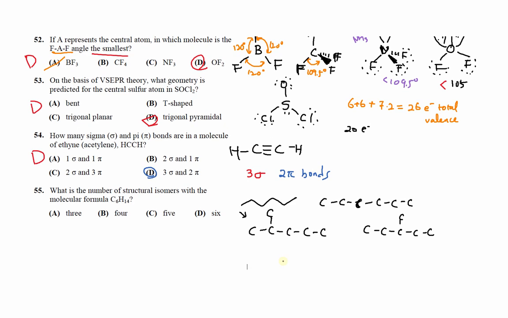I'm not having a unique shape. So far I have 3: 1, 2, 3. Let's see if we can form more. I can form this. And I can also form it this way. Anything else will be one of these shapes. So the answer to 55 is C, 5.